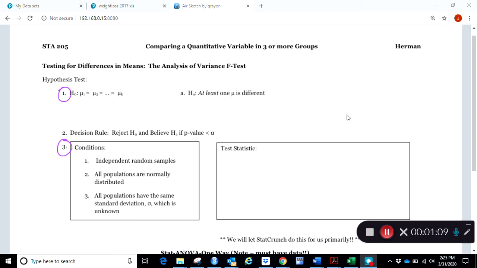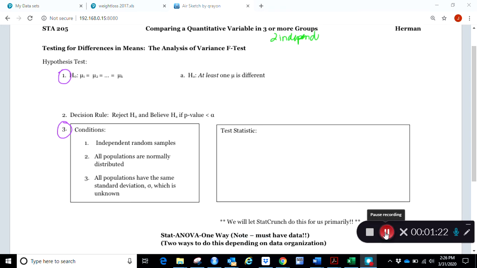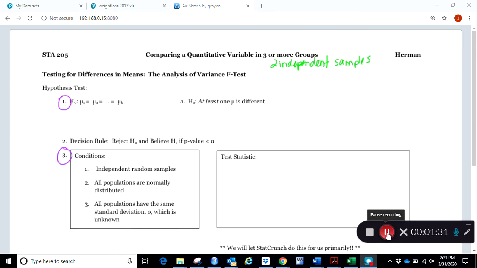So first, let's refresh our memory of what it looked like when we had 2 independent samples. So when we had just 2 independent samples, what did our hypotheses look like? Our null hypothesis then was that our 2 population means were equal to each other.